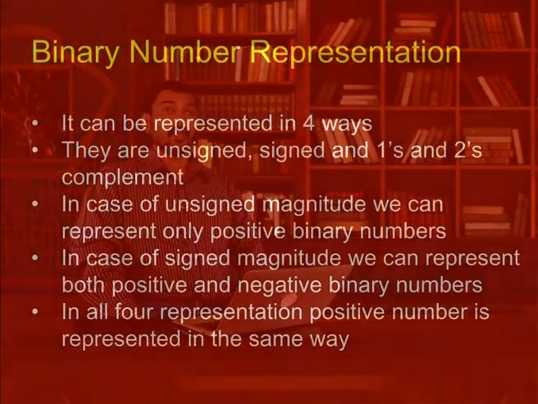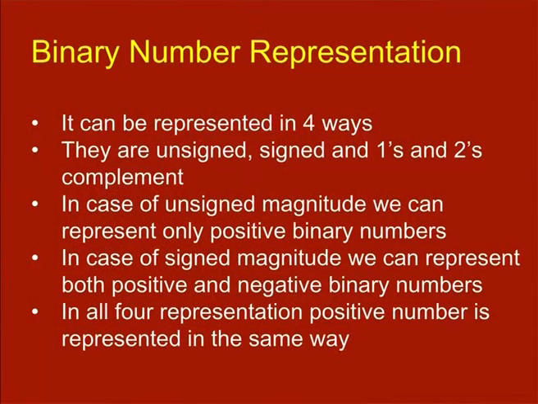Binary number representation. It can be represented in four different ways, and they are unsigned, signed, which basically represents the magnitude, and the ones and twos complement representation. In case of unsigned magnitude, we can represent only positive binary numbers, but in case of signed magnitude we can represent both positive as well as negative binary numbers.